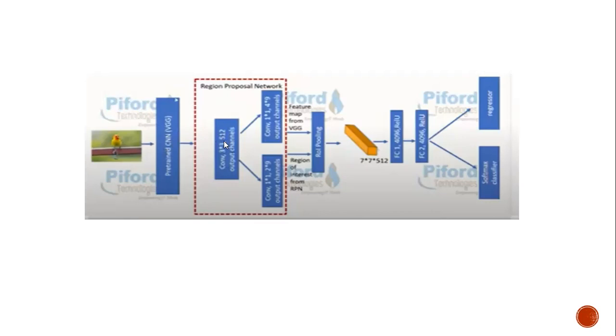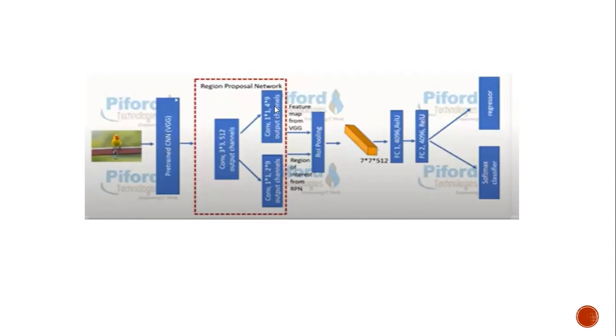By default, in the region proposal network we have one convolution with filter size 3 by 3 and 512 channels, followed by two convolutions. One is 1 by 1 with 2 multiplied by 9, and the other is 1 by 1 with 4 multiplied by 9. This one is for classification, this one is for regression.